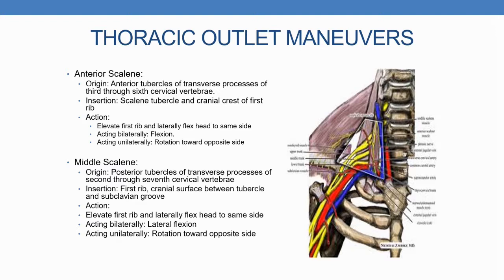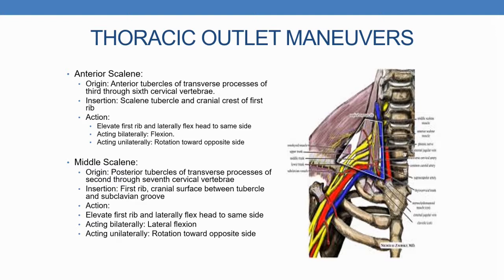For those of you that have the PowerPoint presentation, have a diagram here that shows the scalene triangle bordered in the front by the anterior scalene, bordered in the back by the middle scalene, and the neurovascular structures passing between a small cleft in between the anterior and middle scalenes, and then projecting below the clavicle but above the first rib.